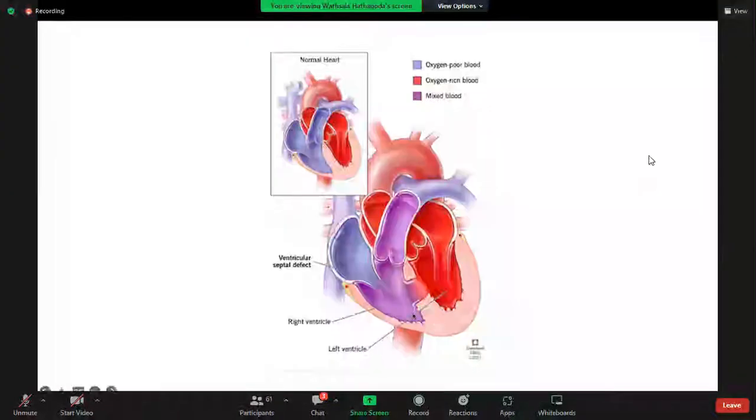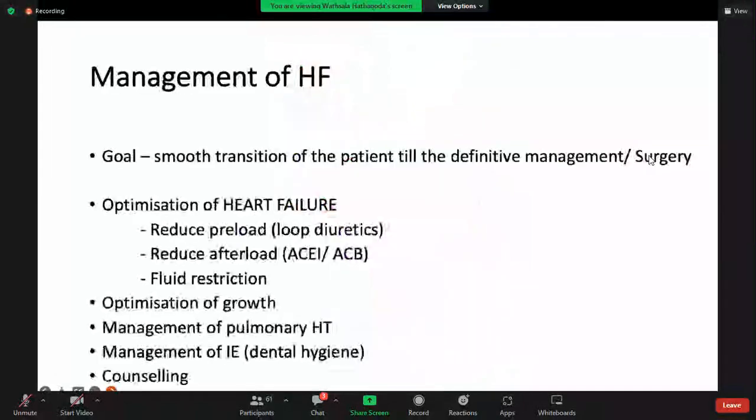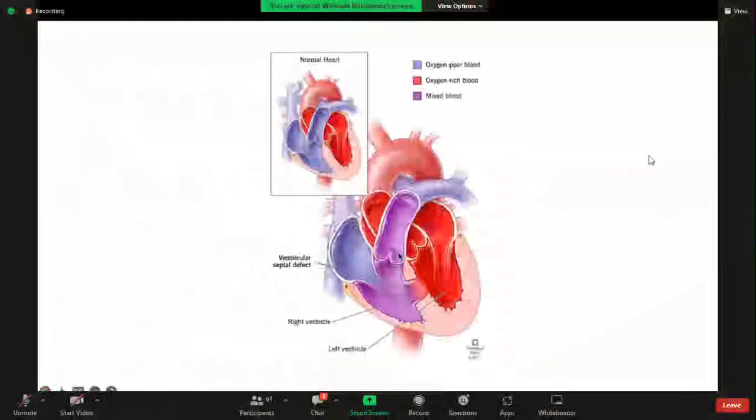So what should be the management strategies? One thing, you have to reduce shunt, and then you have to reduce the pulmonary flow. So that's why you have to reduce preload, afterload, and do fluid restriction. And the other important thing is oxygen.